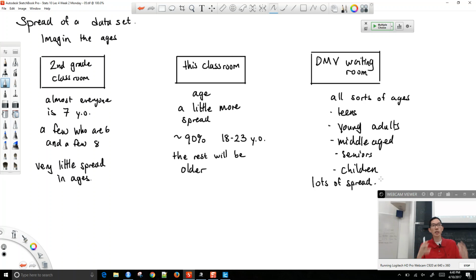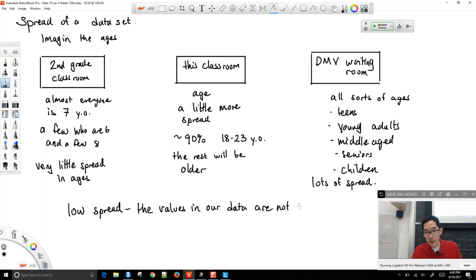Right? And so this is kind of the idea of spread for a numeric variable. We're looking at the numeric variable age, and we're talking about the spread. Overall, the concept of low spread means that the values in our data are not very spread out along the number line.